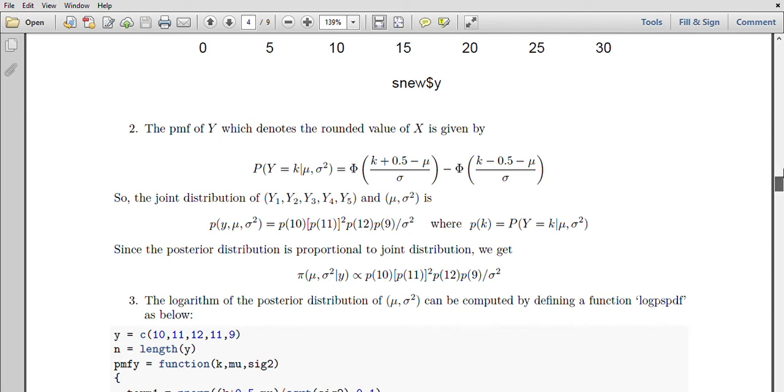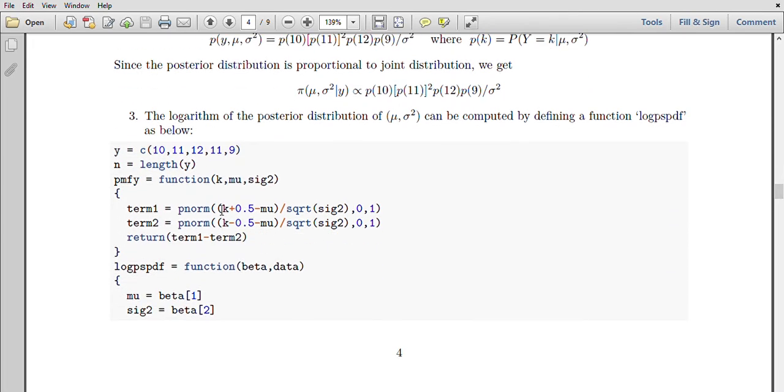So how can it be achieved in the function? We have two terms. The first term should be the standard normal CDF at point k plus 0.5 minus mu upon square root of sigma 2, with the parameters 0 and 1, and term 2 is the same at point k minus 0.5 minus mu. Now notice that in order to compute these values, I am going to need k, mu, and sigma square.